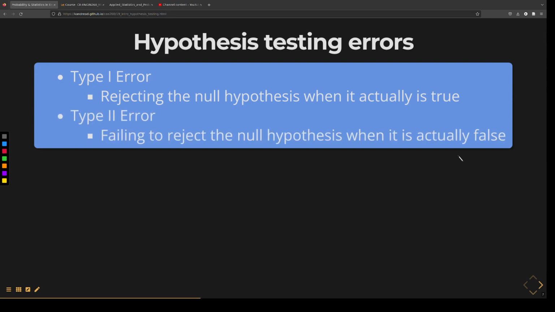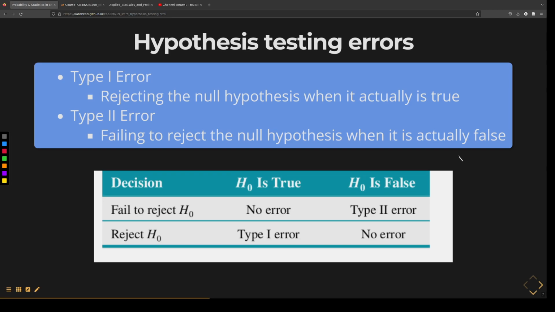Whereas a type 2 error would happen if we do not reject the null hypothesis when in fact we should have. So when the null hypothesis is actually false and we fail to reject it, so we're still within the acceptance region, that's a type 2 error.